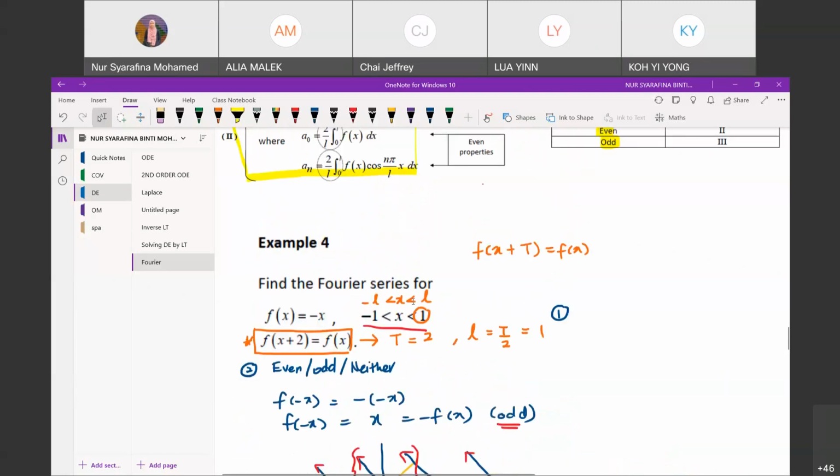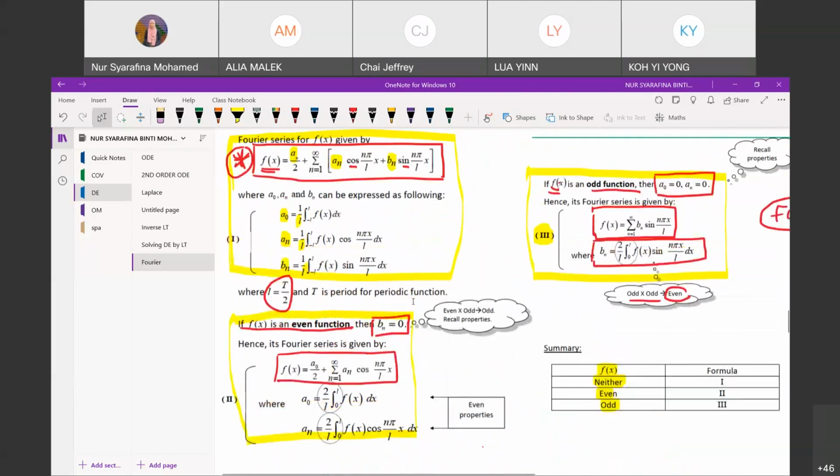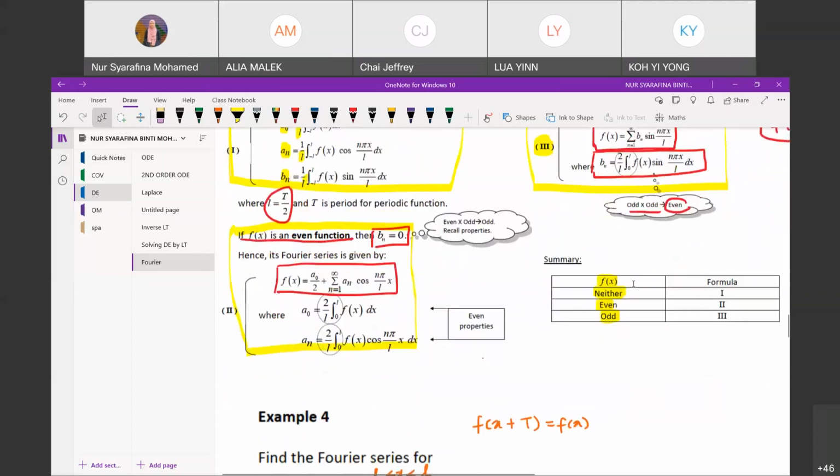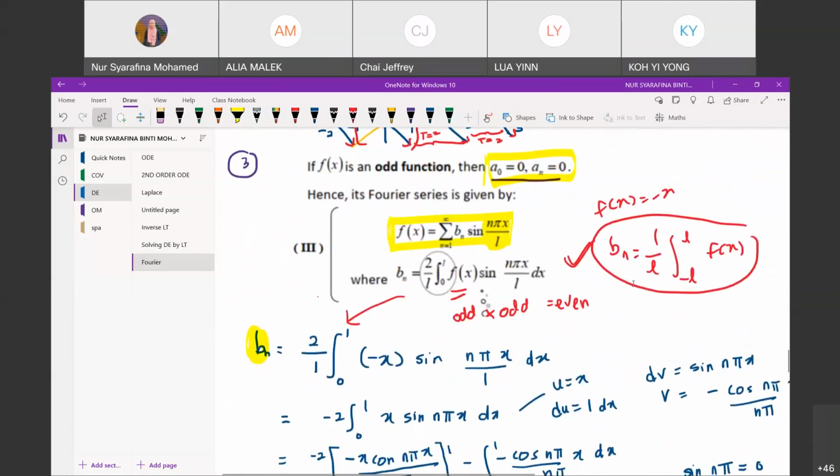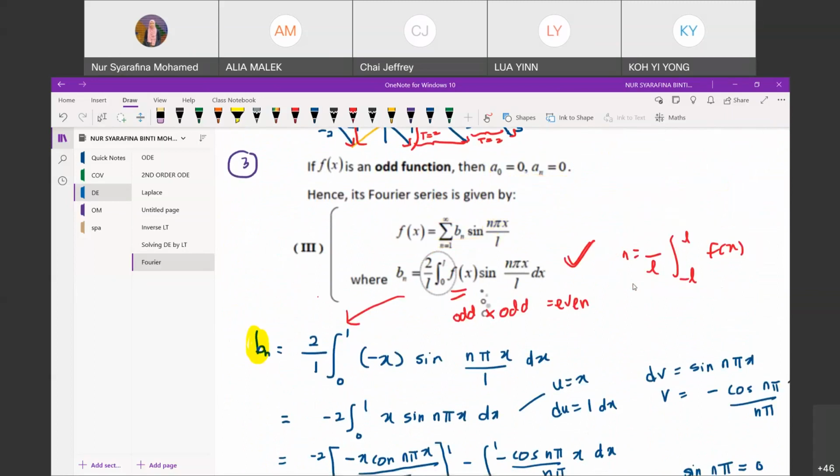When the function is odd, which formula can we use? Okay, the third one. So by looking at the third formula here, what you have to find is only b_n, because a_0 and a_n are 0.